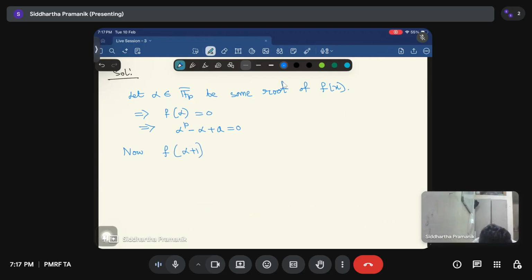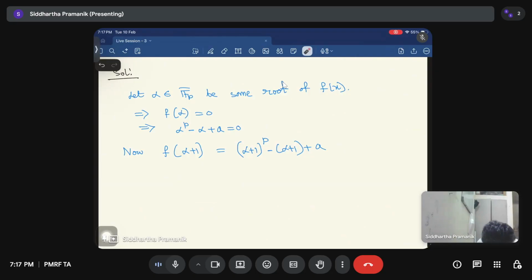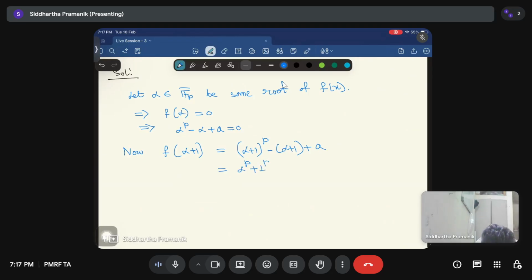So now what about f(alpha + 1)? It is (alpha + 1)^p minus (alpha + 1) plus a, right? But we are in characteristic p. So this is basically alpha^p plus 1^p minus alpha minus 1 plus a. And this is the same as alpha^p plus 1 minus alpha minus 1 plus a.